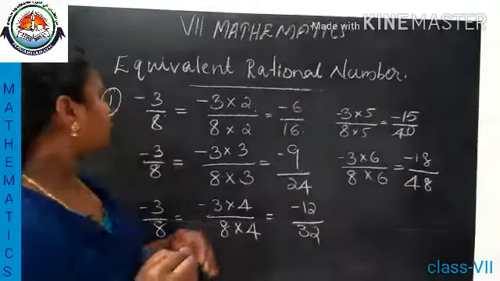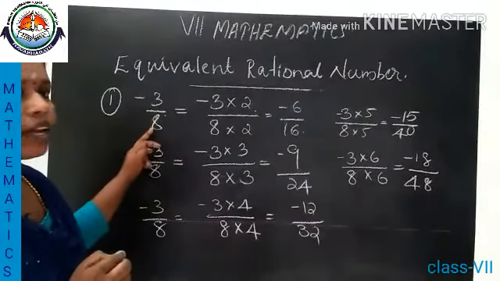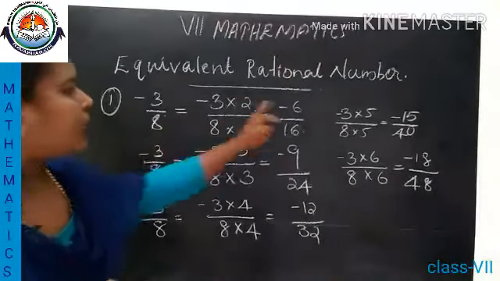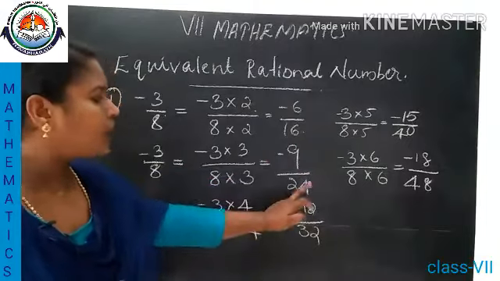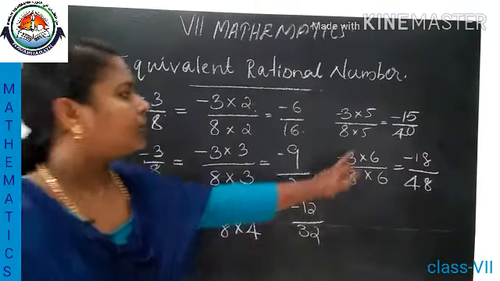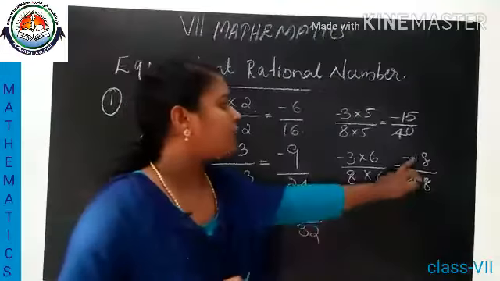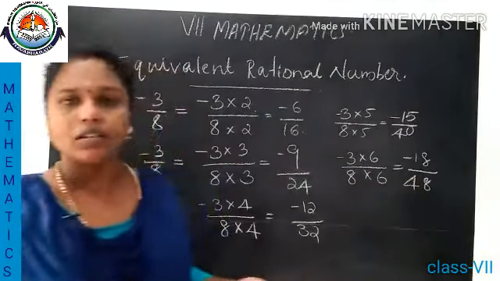Okay, so we can say that this negative 3 by 8 is equal to negative 6 by 16, negative 9 by 24, negative 12 by 32, negative 15 by 40, negative 18 by 48.